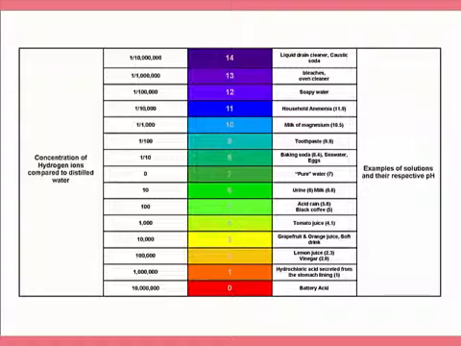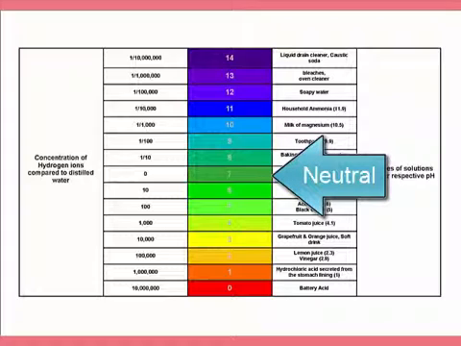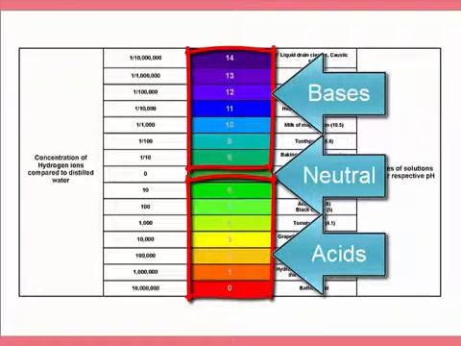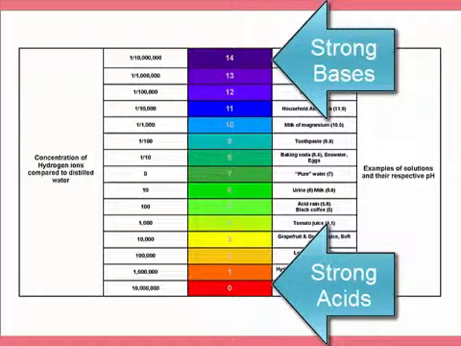So the neutral level, where it's not an acid, where it's not a base, is at the level 7. Acids are everything below 7. Bases are everything above 7. So when you start looking at numbers like 0, 1, 2, or 3, you're looking at strong acids.